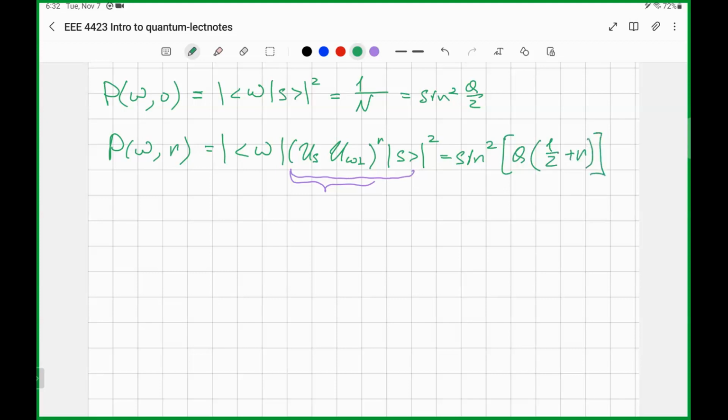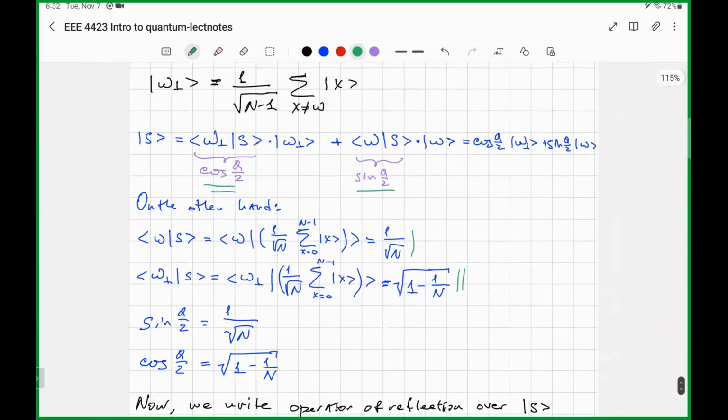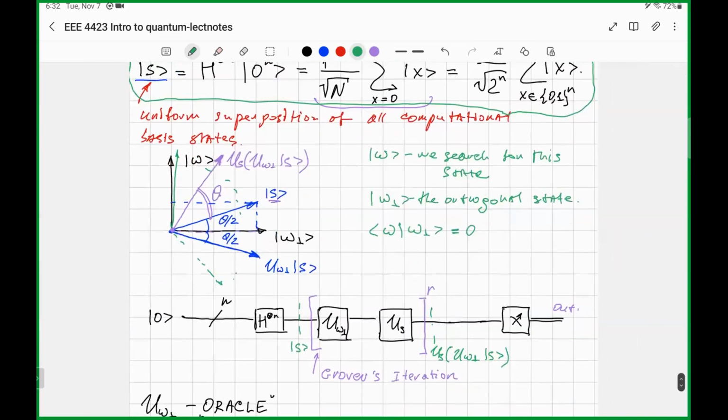This simply comes from the description of the reflection of the vector s over first the vector omega orthogonal, and then across the vector s itself.